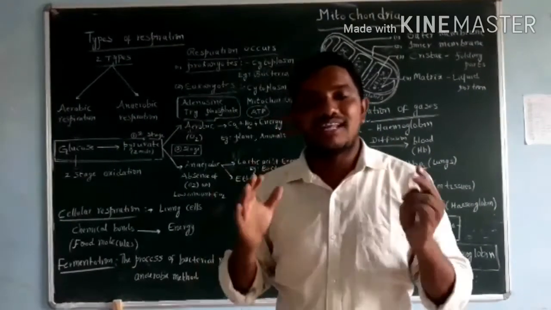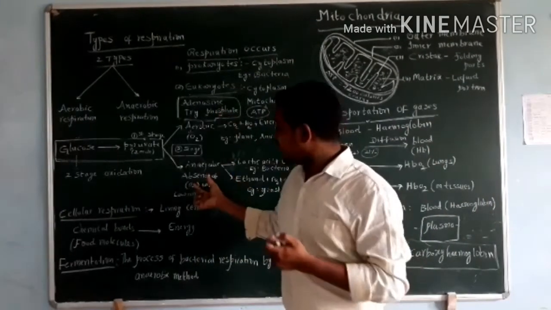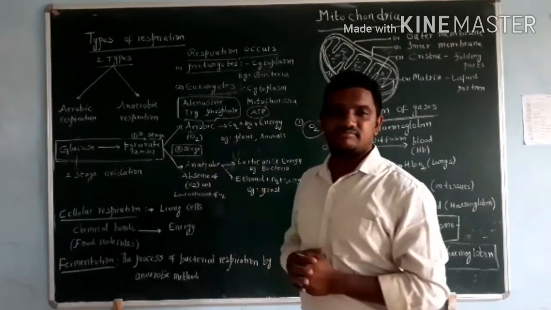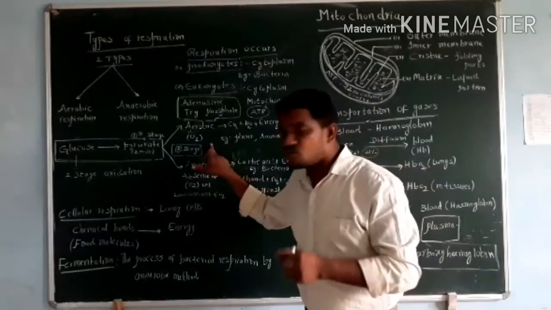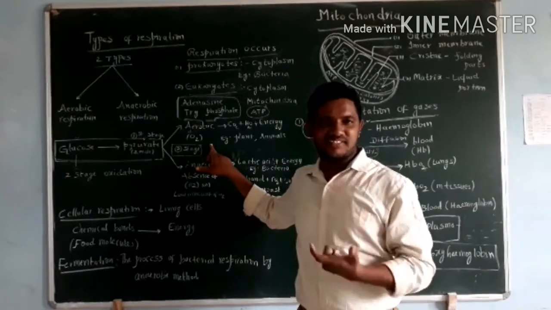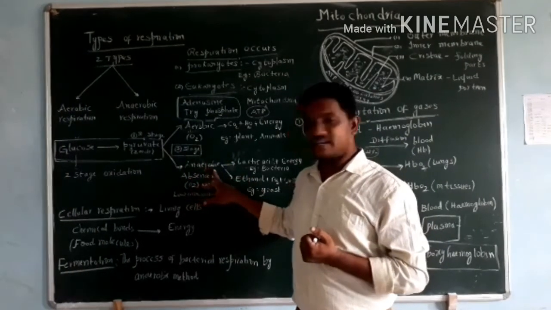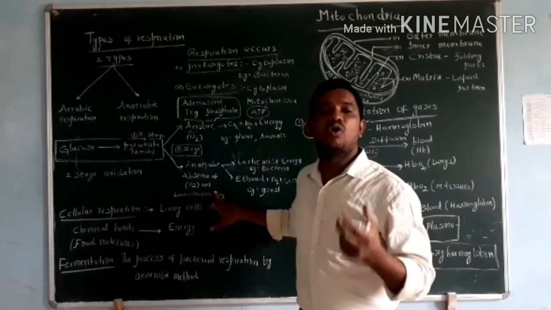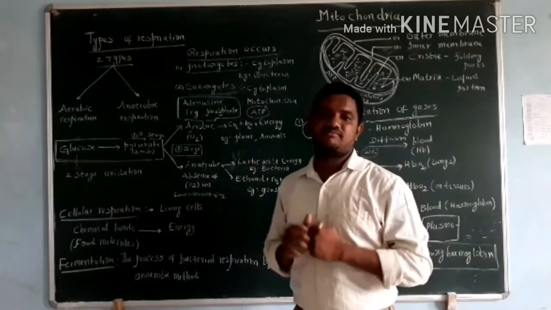These two are types of respirations: aerobic respiration and anaerobic respiration. What is aerobic respiration? The respiration that takes place in the presence of oxygen is called aerobic respiration. The respiration that takes place in the absence of oxygen or low amount of oxygen is called anaerobic respiration.